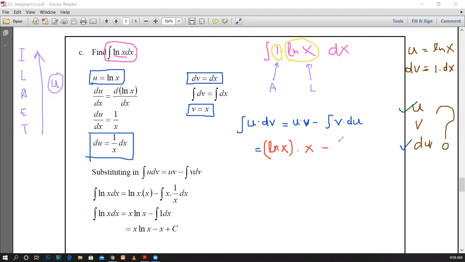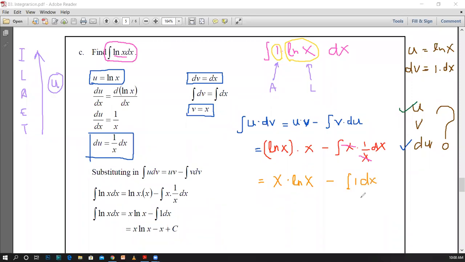Then the integral of v du, where du is 1 over x. For the integration, you can cancel out the common terms. Then you will get x times ln x, minus the integral of the remaining term, which is 1.